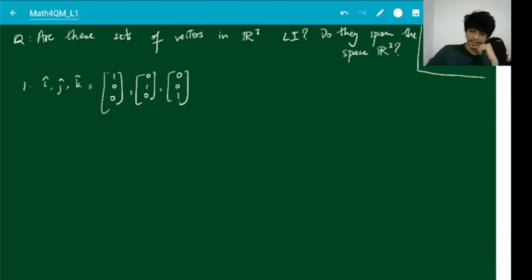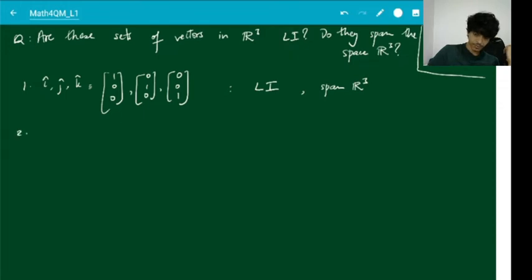Are these three linearly independent? Yes, they are linearly independent because you cannot write any one of them in terms of the others. Do they span R3? Yes, they do, because you take any vector in R3, you can write it in terms of these. So this set is linearly independent and spans R3.